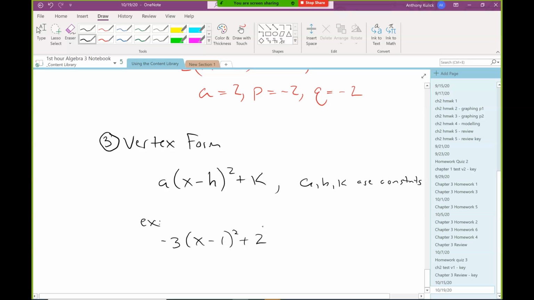So an example of a quadratic polynomial written in this vertex form could be negative 3 times the quantity x minus 1, quantity squared, plus 2.